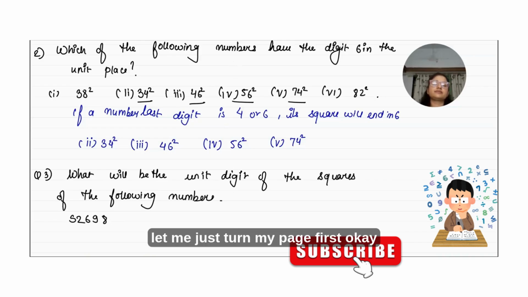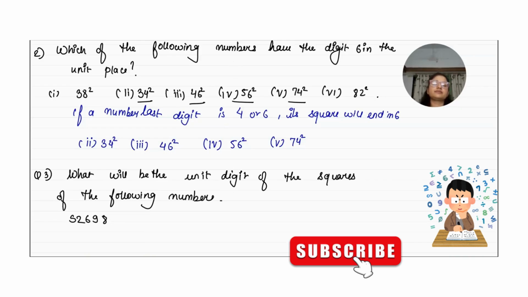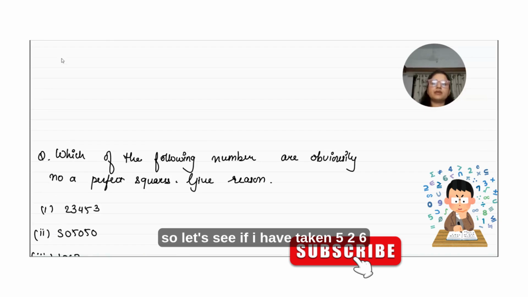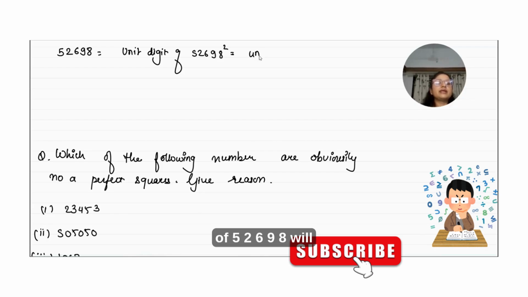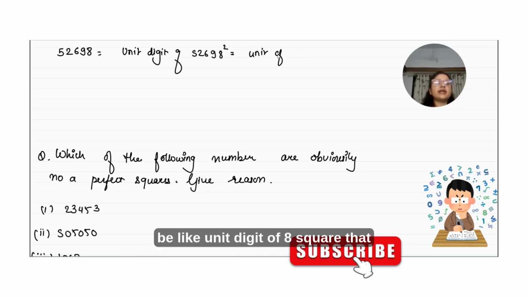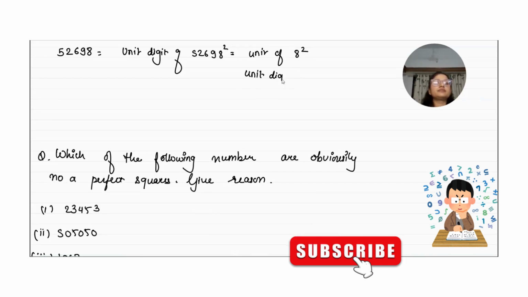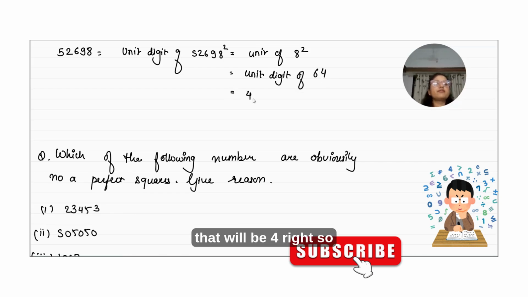The unit digit of the square of 52698 will be the unit digit of 8 square, that is the unit digit of 64, and that will be 4.